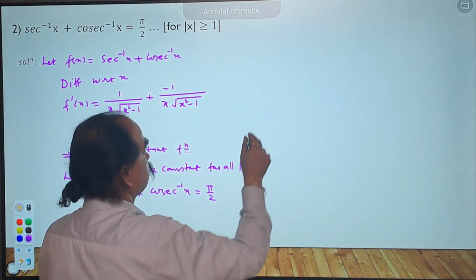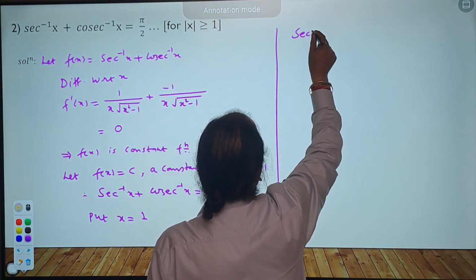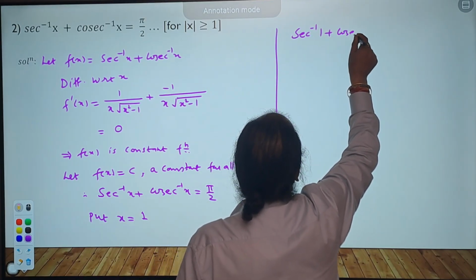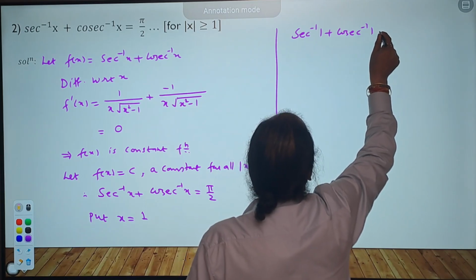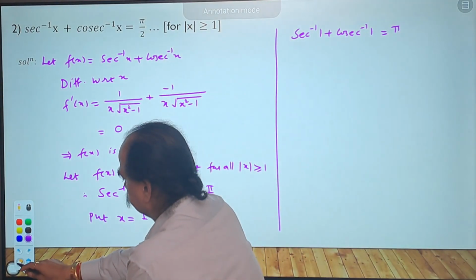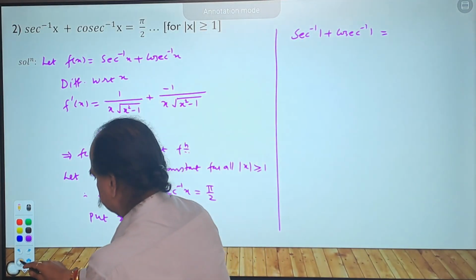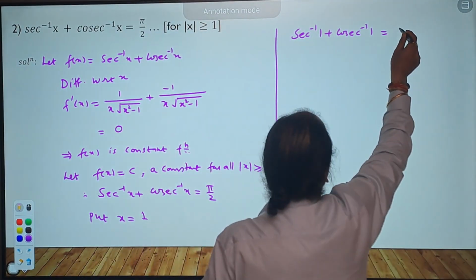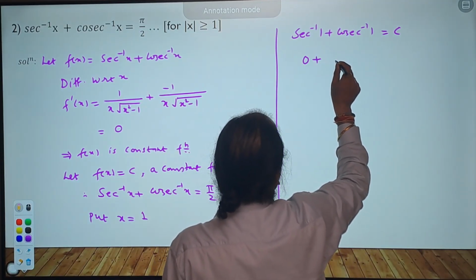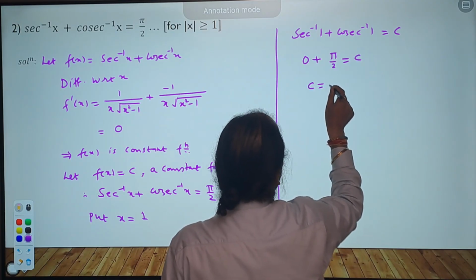So sec inverse 1 plus cosec inverse 1 is equal to c. Sec inverse 1 is what? 0. Cosec inverse 1 is what? Pi by 2. So c is what? Pi by 2.